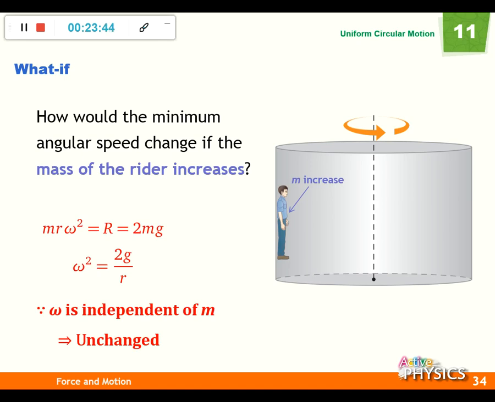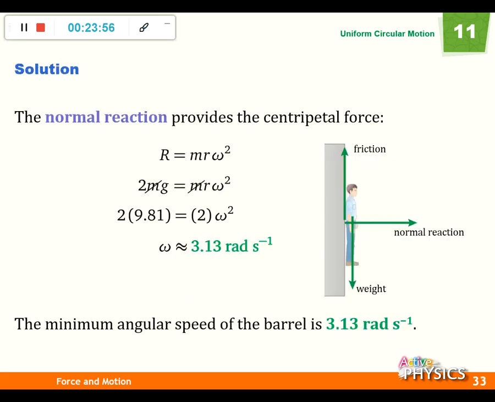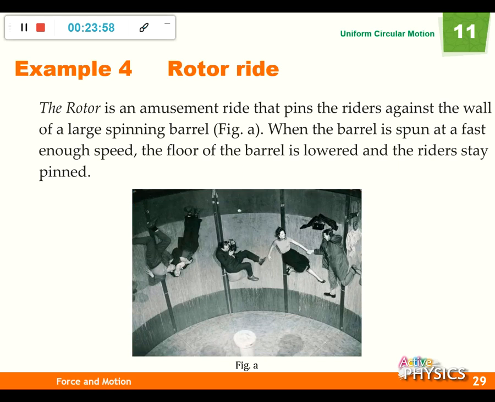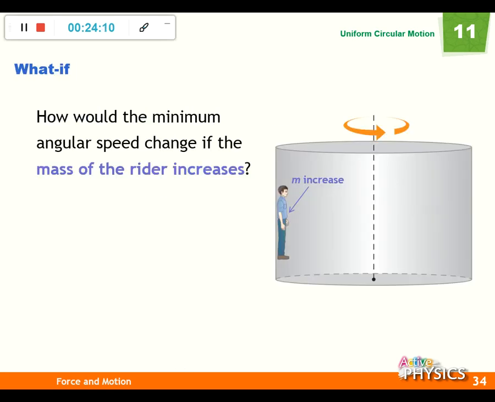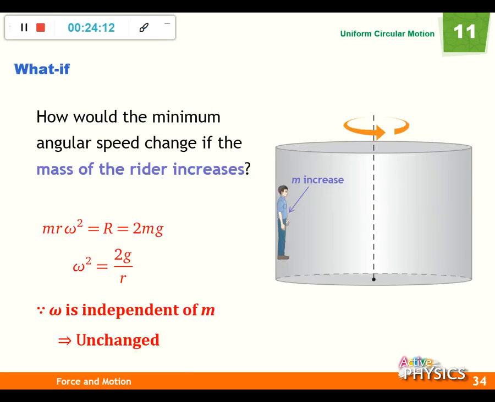At the same time, the normal reaction is the source of centripetal force. Then, using these two formulas, you can find that m will be cancelled. It means it is independent of mass. So when you go back to this photo, you can see that they are different in weight and mass, but they can stay at the same position in mid-air. This explains why it is independent of mass.